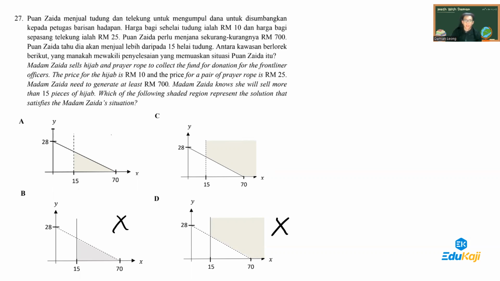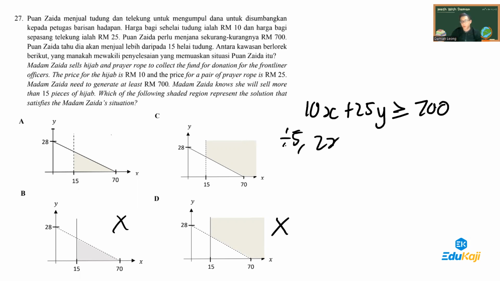Should generate at least 700 means 10 ringgit times number of hijab plus 25 ringgit times number of prayer robes is at least, more or equals, 700. So if I divide by 5, just to make it easier to count, 2x plus 5y more or equals 140.